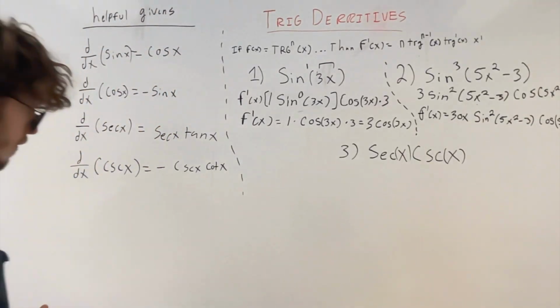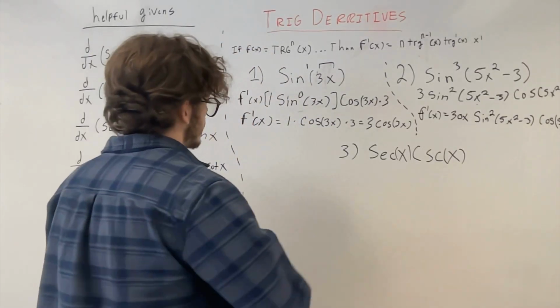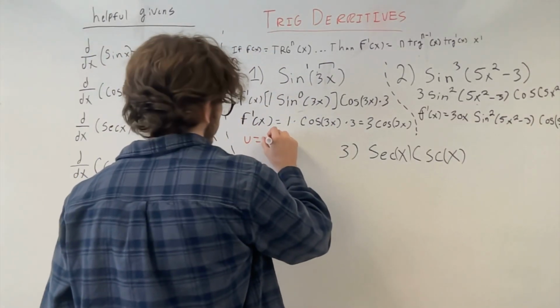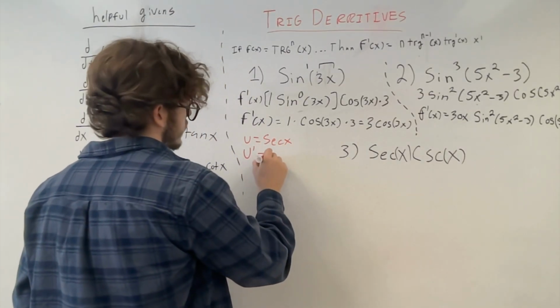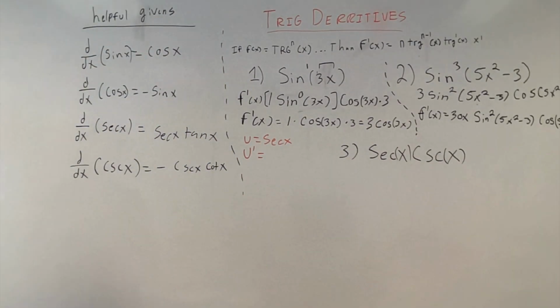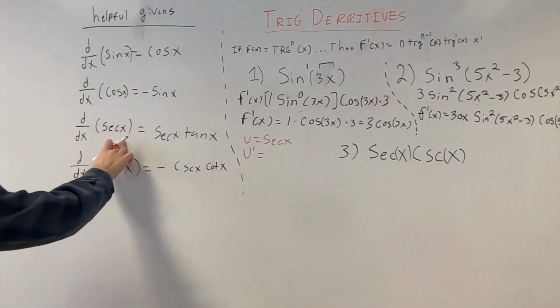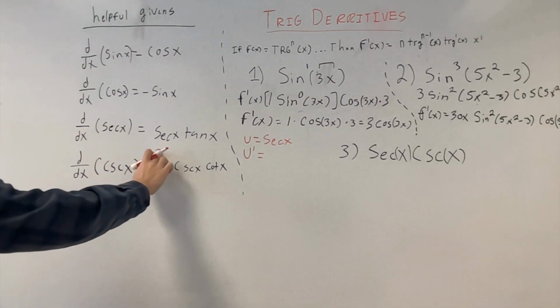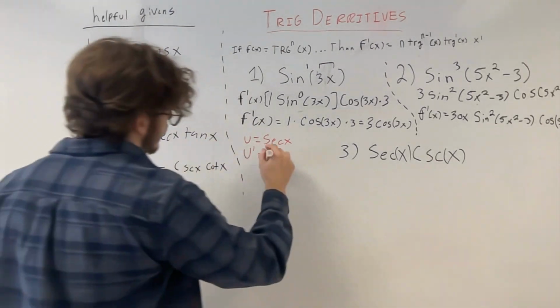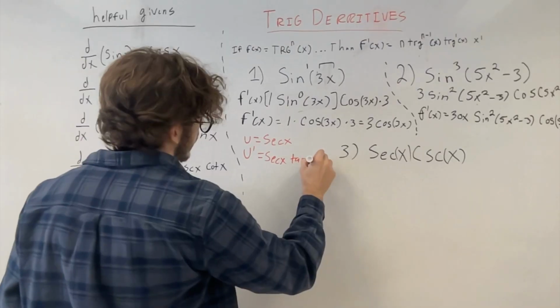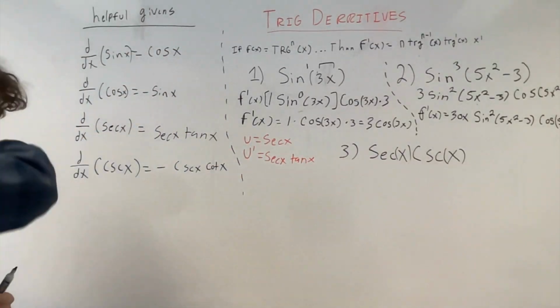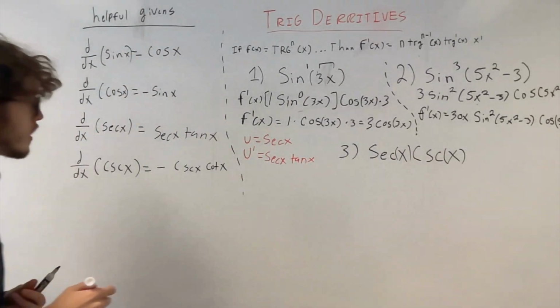So let's define our variables here. So we will say that u is secant of x. The derivative of secant of x is, can you see it? Secant of x, the derivative of that is secant times tangent of x. I won't bother going through any proofs of that, but they're given values to you and stuff that you should know.